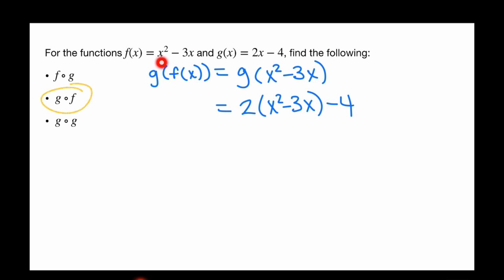So I'm going to take x squared minus 3x, which is function f, and put it in for the x in function g. That gives me 2 times (x squared minus 3x), then minus 4. I can simplify by distributing the 2, so 2x squared minus 6x minus 4, and there are no like terms, so that would be my final answer.